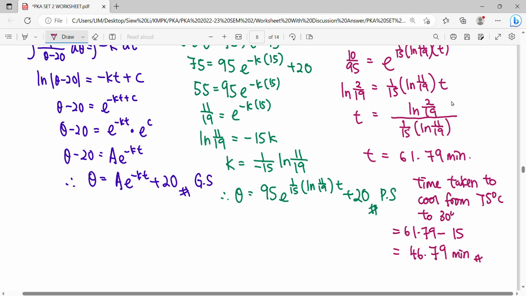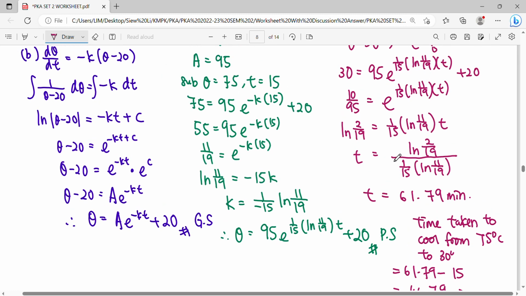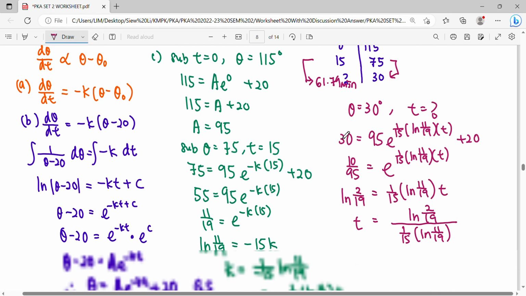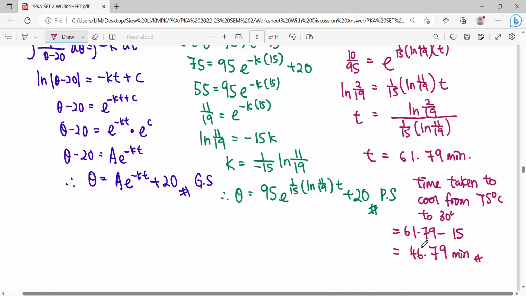So it takes 46 minutes. You have to be careful about the understanding here. When you look at the story timeline, everything refers to the initial. After 61 minutes, it comes to 30. So if you want the time in between, we have to subtract. What's the starting here, referring to 75 Celsius? The starting here is already over 15 minutes.